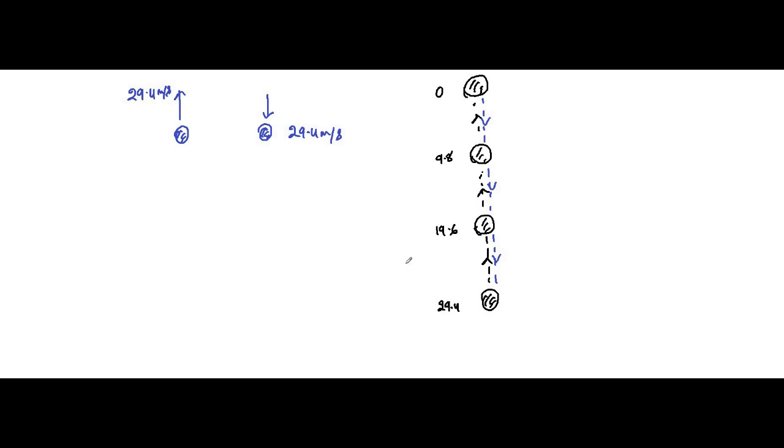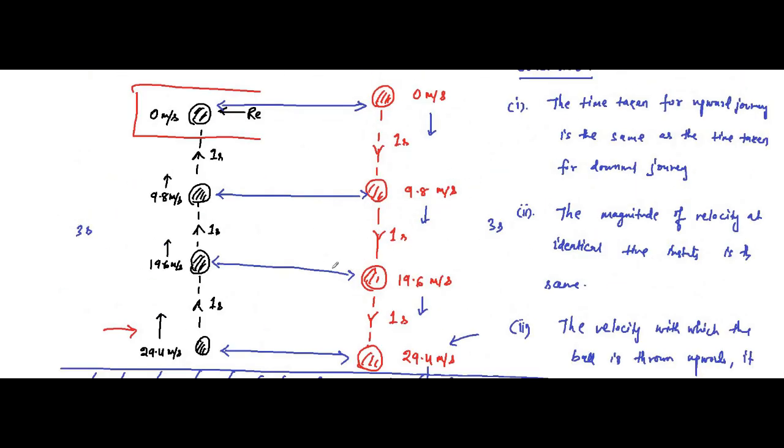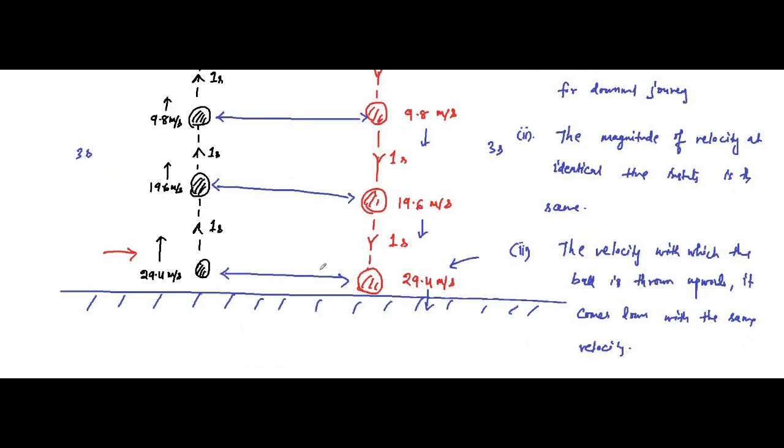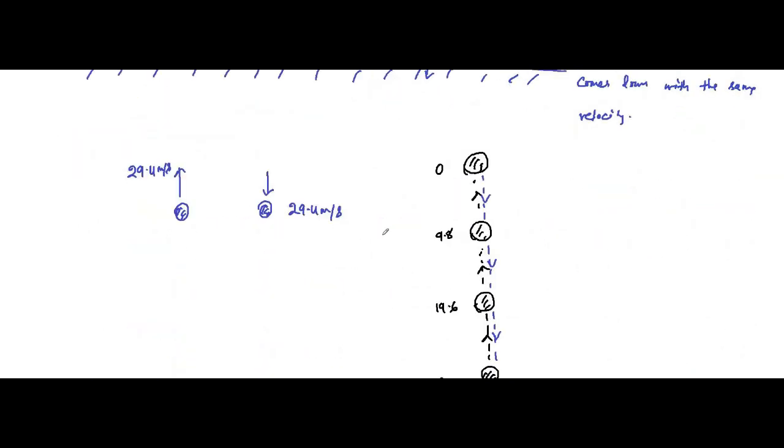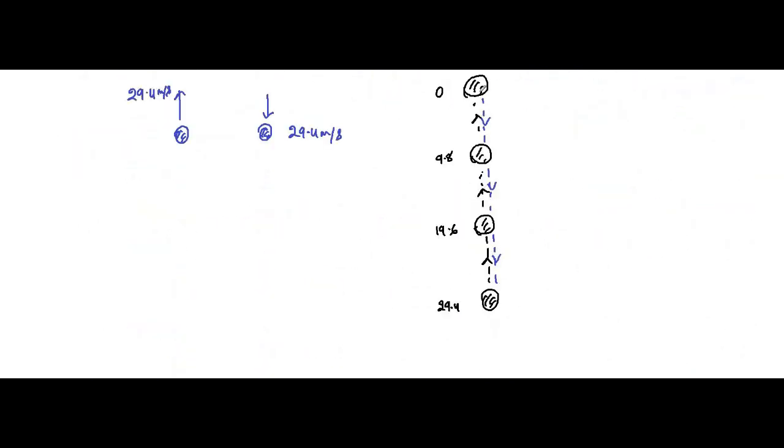Here, just to make the upward and downward journey clear to you, I took a bit of a gap between both, but actually it takes the same identical straight line path. The same path which it took during the upward journey, it takes during the downward journey, and the velocities at the respective time instants are the same.